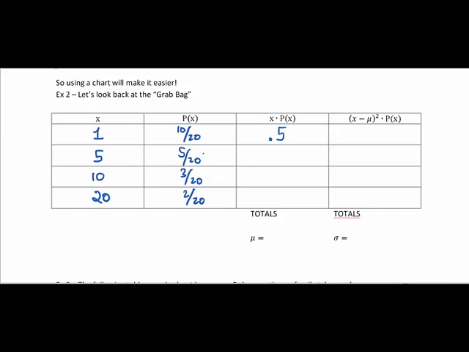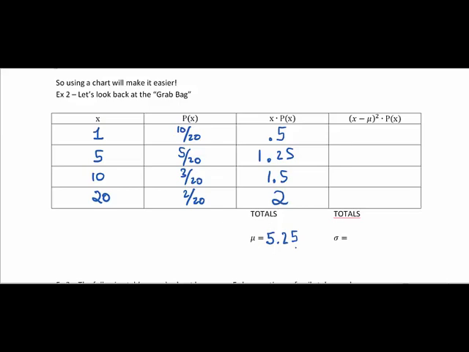The 5 times 0.25 is 1.25. The 10 times the 0.15 is 1.5. And the 20 times the 0.1 is going to be 2. We're going to need this x times p of x to get a total. If I add these together, 0.5 plus 1.5 is 2, plus another 2 is 4, plus 1.25, this gives me 5.25, which we found out on the previous page.